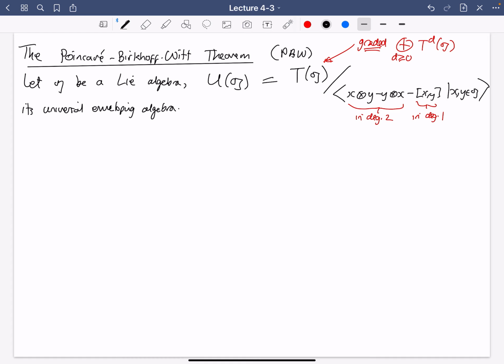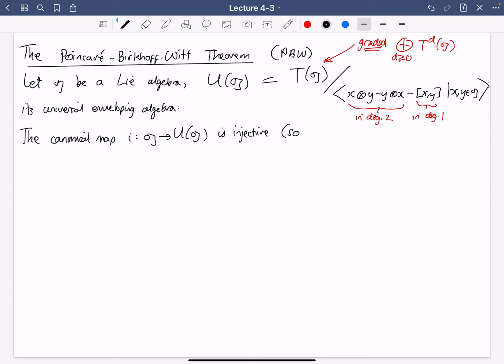Then PBW says, first of all, that the canonical map I from G to U of G, which we had last time, sending x to x bar, is injective. That's just gotten by including G into the tensor algebra and then mapping the tensor algebra onto the quotient algebra U of G. I didn't have that last time because it's part of the PBW theorem, just a little piece of it.